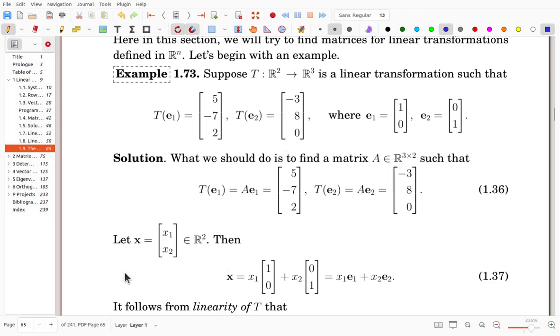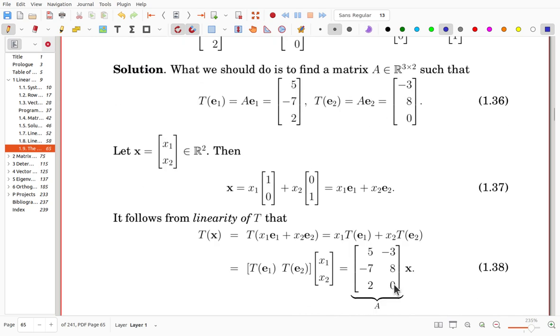Let's choose a vector x in R2, which has two components, x1 and x2, but it can be written in this way. Now x is x1 times (1, 0) plus x2 times (0, 1), which is the same as x1 e1 plus x2 e2. Now we'll try to find the action on x. T of x is the same as this.